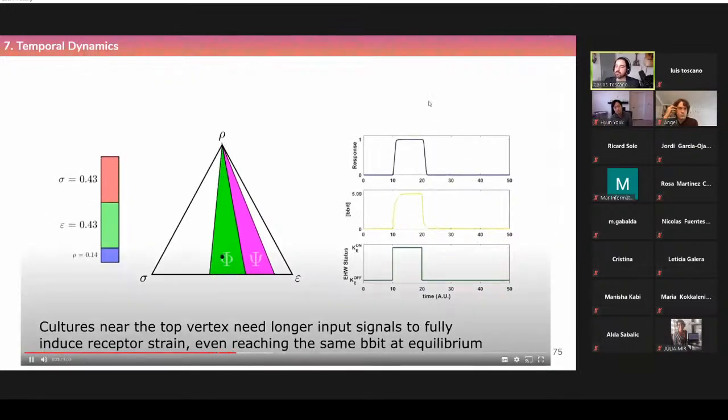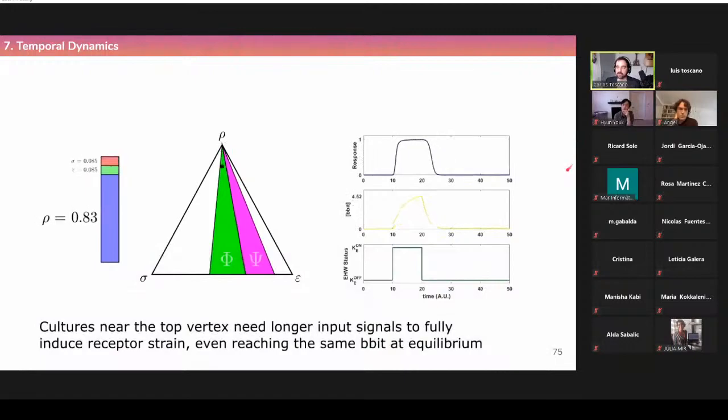And you can see that for most of the cultures, the response will reconstruct it. But in the top part of the triangle representation, you would have needed a longer input signal for the response to even be considered as induced.